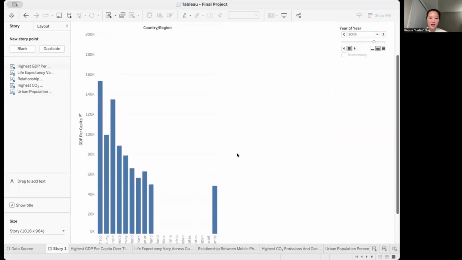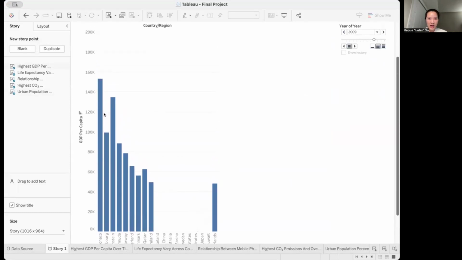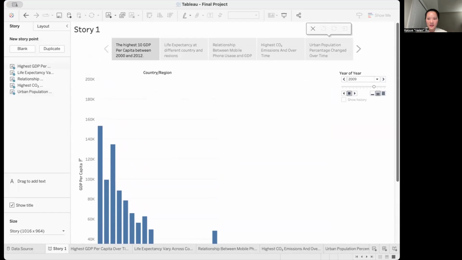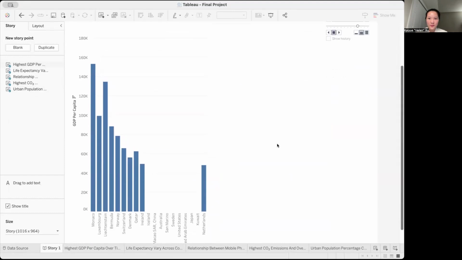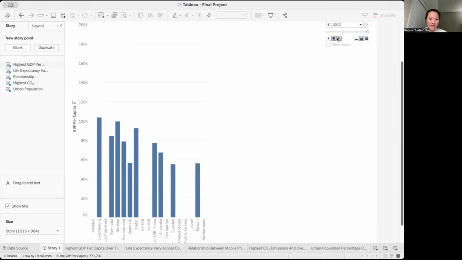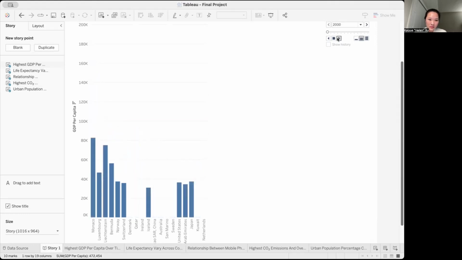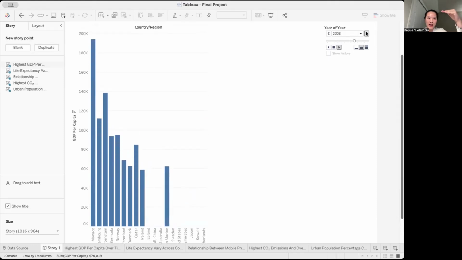We can see that Monaco is always the highest GDP per capita each year, and we can see the differences between the years. Monaco always has the highest. So that's what I got.